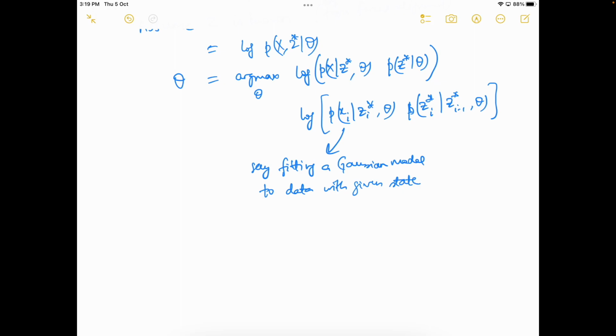State is given to you, Z is given to you. Just have to find the GMM model for that state. Is it difficult? Or a Gaussian model for that state? Is it difficult? Not at all. Optimizing this, is it difficult at all? You are given all the probabilities.